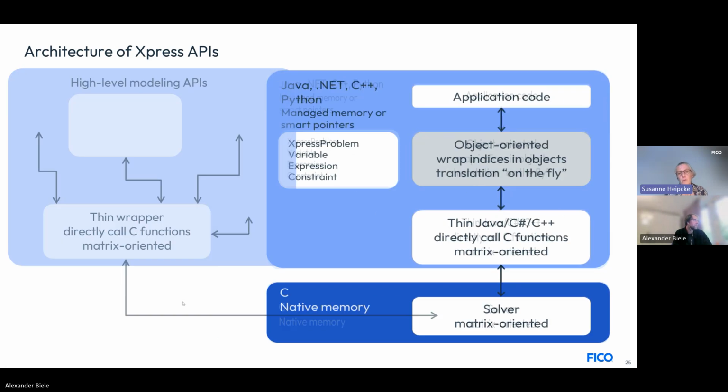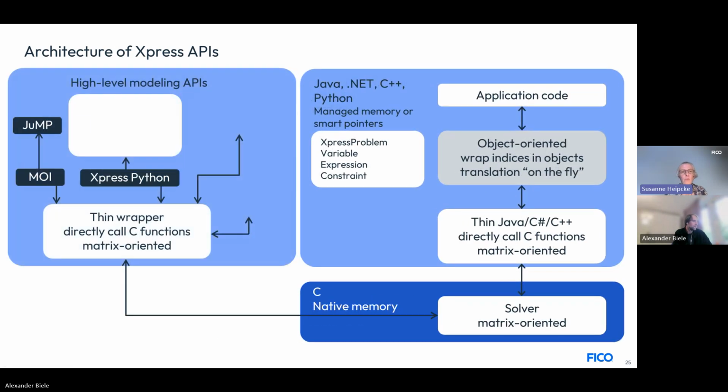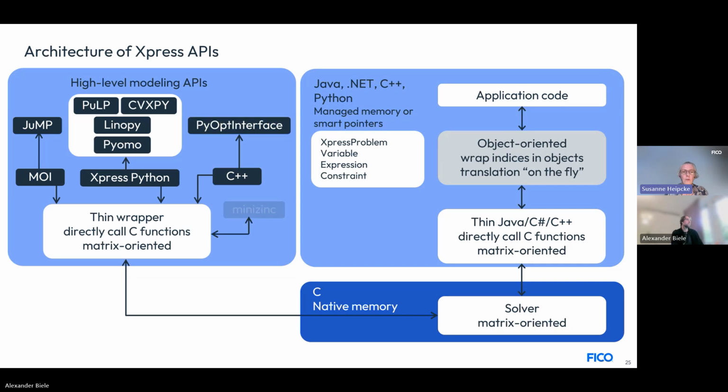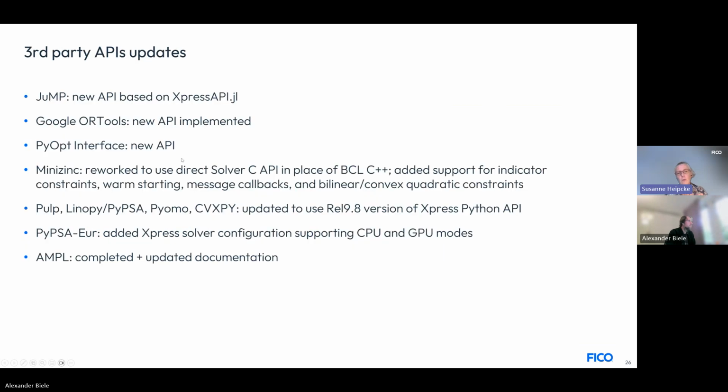And so this is what we're distributing with the Xpress stack. Now what we have is actually a couple of other interfaces. Some of them were written originally by external people, but some of them have been newly created. So these are external third-party interfaces that are published open source. Last year we published a new Julia interface.